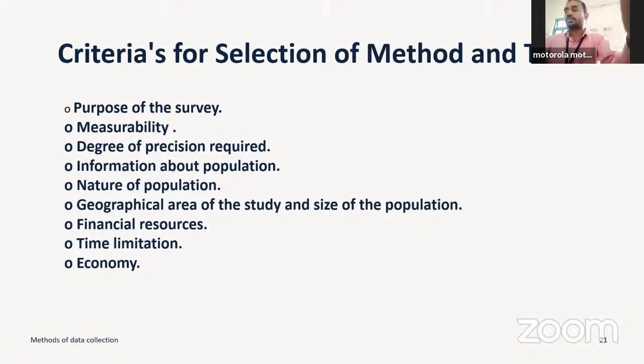Next is measurability. It means you should know what kind of measurements you are going to do. Because when we are doing research, we must remember that there are two costs involved in our sampling method.